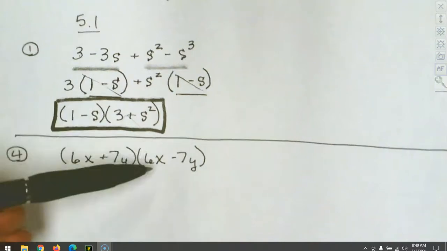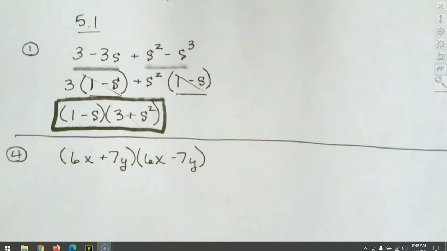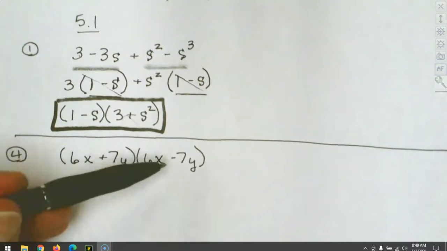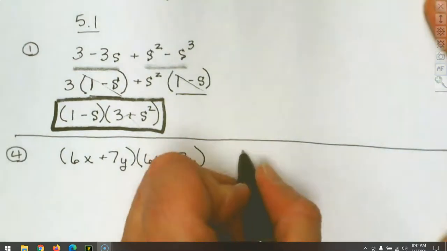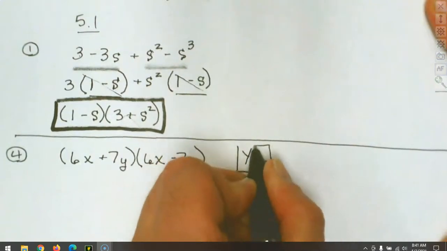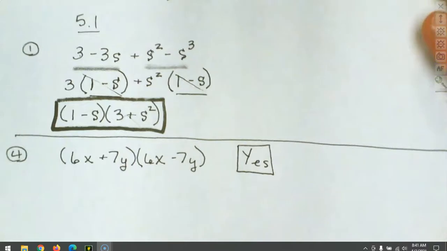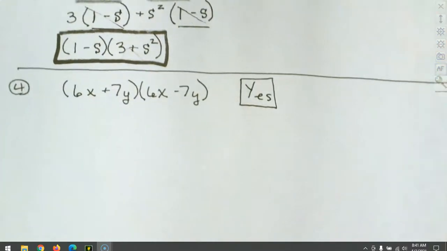No. Same thing on the second set. 6 and a 7, do they have any number in common? No. No variable in common either. So this one, has it been factored? Yes, it's already been factored. So that's what I want for that one, because there's nothing that can come out. If we could factor a number out, then it would be no, and we would have to factor it out. But in this case, it's already been factored.